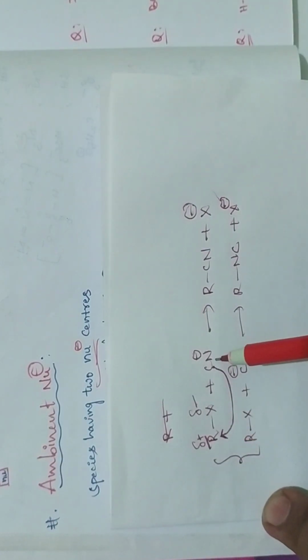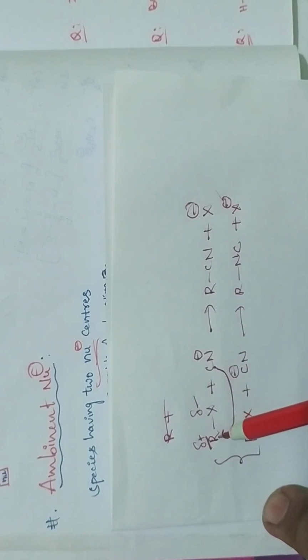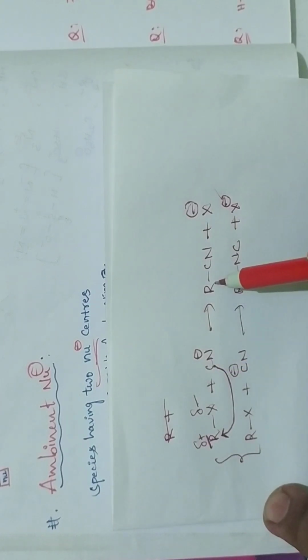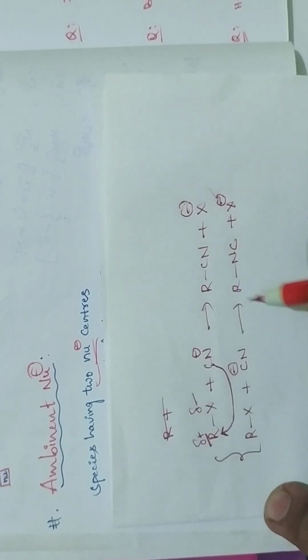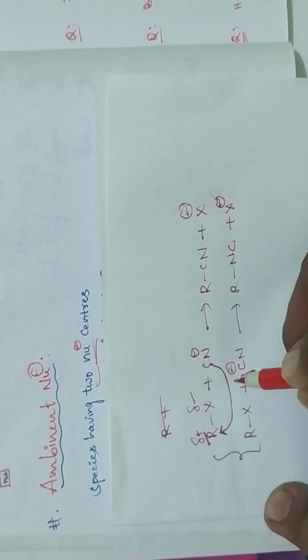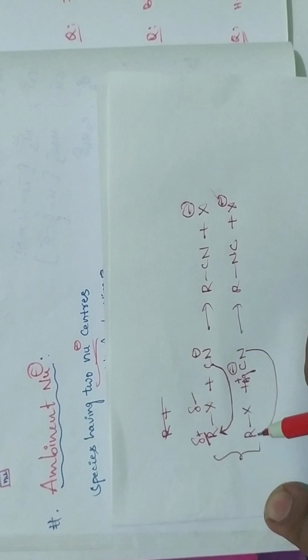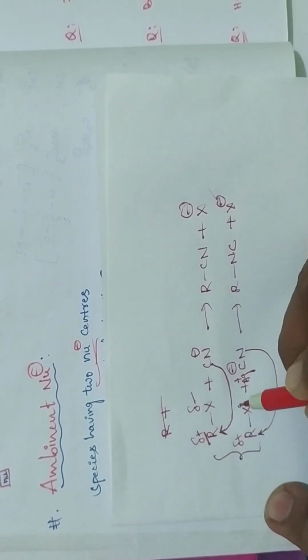Here cyanide is the ambident nucleophile. That means either carbon can donate the electrons or nitrogen can donate the electrons. Here carbon donates the electrons to the alkyl group. In the case of KCN or NaCN, we get cyanides. But in the case of a covalent compound like AgCN, nitrogen gives the electrons to the alkyl group, because the alkyl group is an electron deficient center.